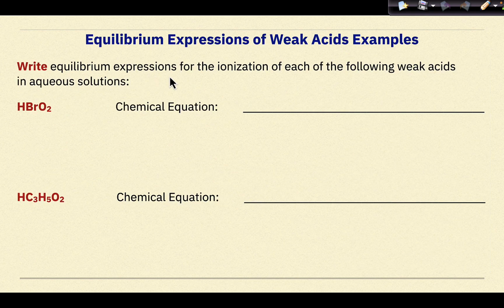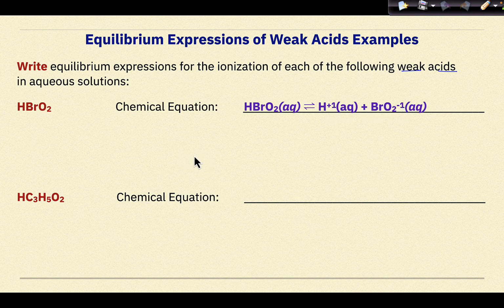Write equilibrium expressions for the ionization of each of the following weak acids in aqueous solutions. So the first one that we have is bromous acid, HBrO2. The chemical equation for this would be HBrO2 ionizes to form hydrogen ions and the bromite ion.